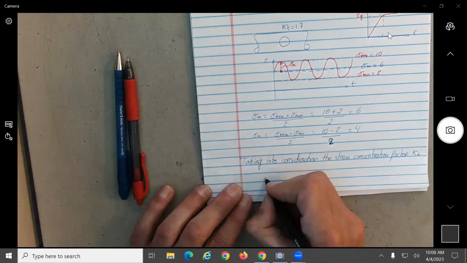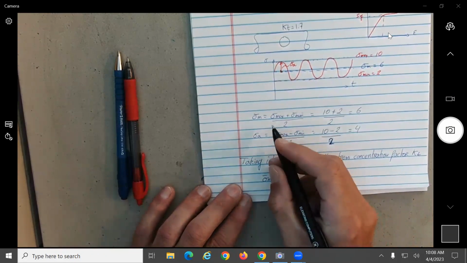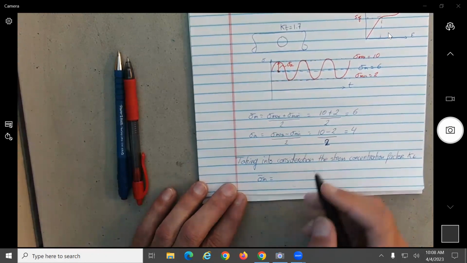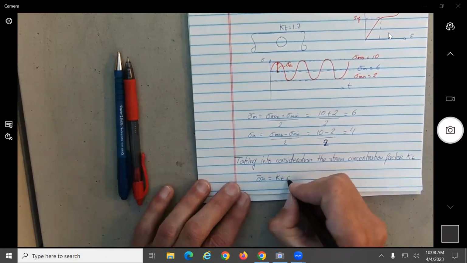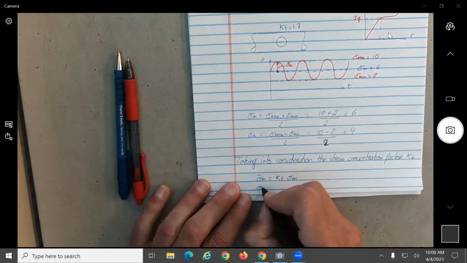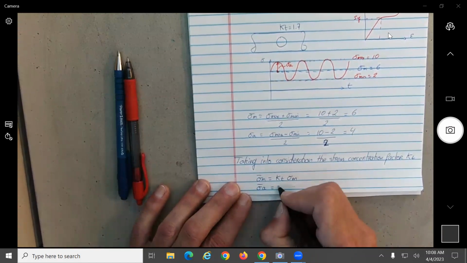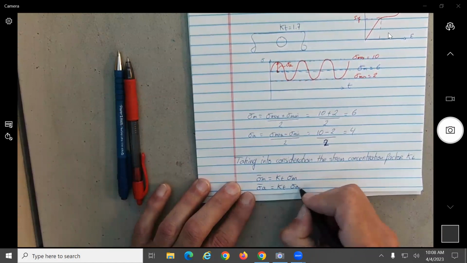We're going to call this one sigma bar sub m. Can you see it or not? Because I don't see it. I think you can see. It will be K sub T times sigma sub m, and the sigma bar alternating will be K sub T times sigma alternating.